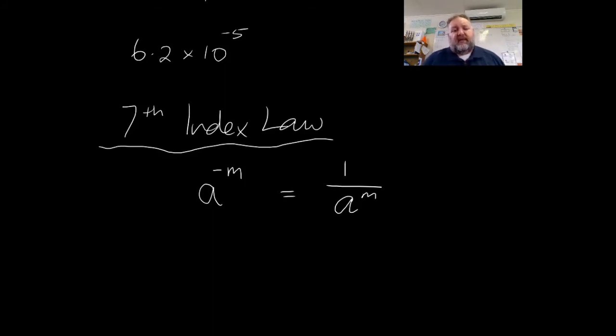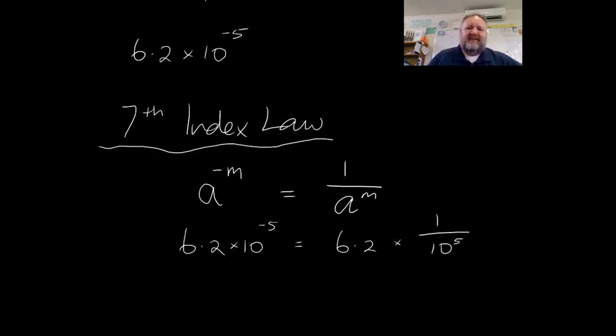So if we had a number just like the one that we've got above here, the 6.2 times 10 to the power of negative 5, that really could be written as 6.2 times 1 over 10 to the power of 5. So it kind of means the same thing.